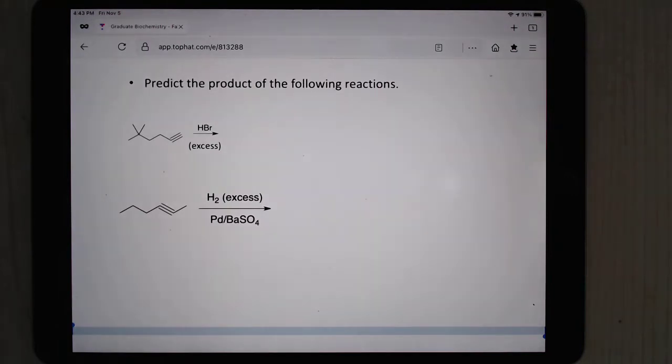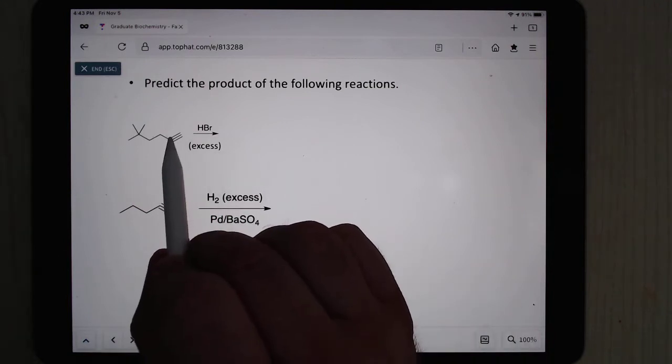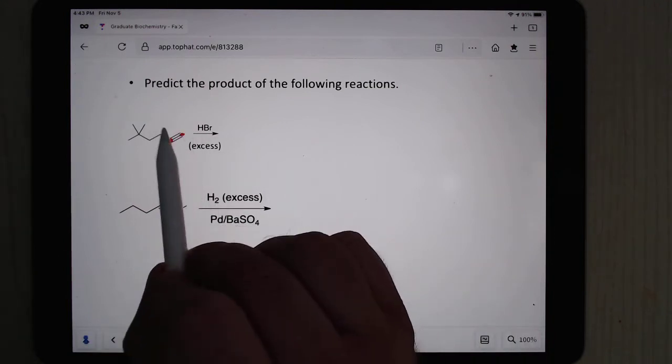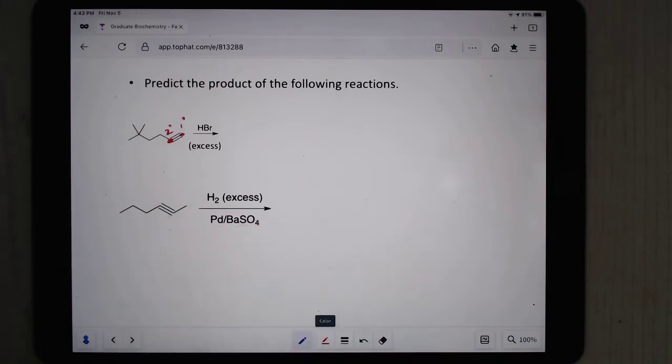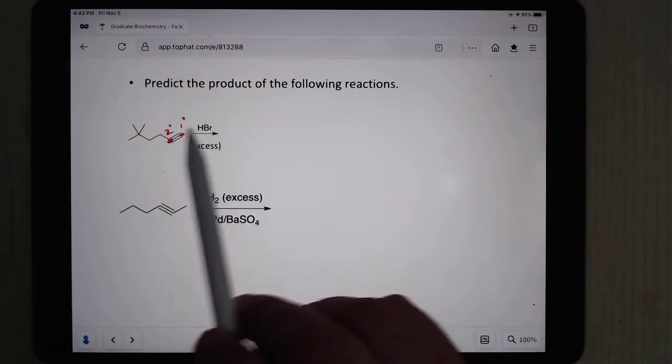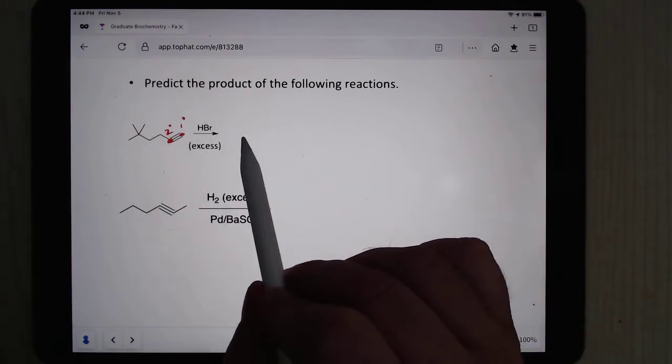Okay. Now, if we're doing this, we have an excess of HBr with that, and so for this one, we're going to be adding across the double bond. So this is secondary, this is primary. With HBr, the bromine is going to go on the higher ordered side, and since we have a triple bond, we're going to do that twice.